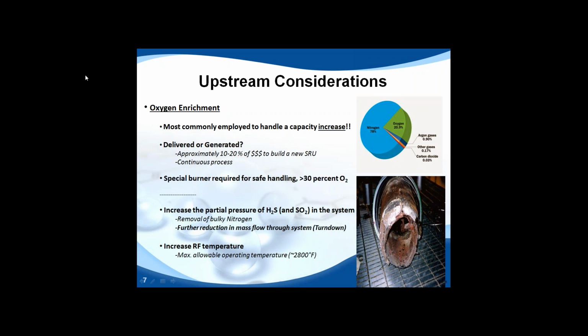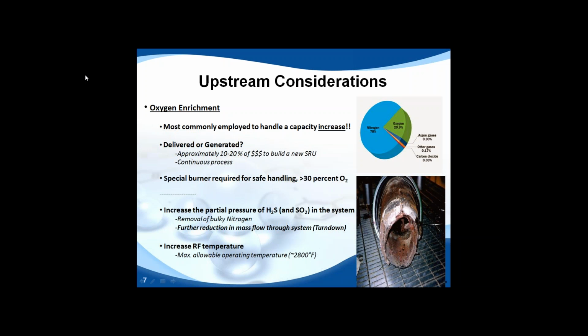That's where I was showing that, because the reaction itself is equilibrium limited, we can never get to 100% conversion of H2S to sulfur. To the right of that diagram, the more temperature that we can achieve across our reaction furnace, the more initial sulfur conversion that we will experience. As a result, we do need more temperature, and oxygen enrichment can help with that.